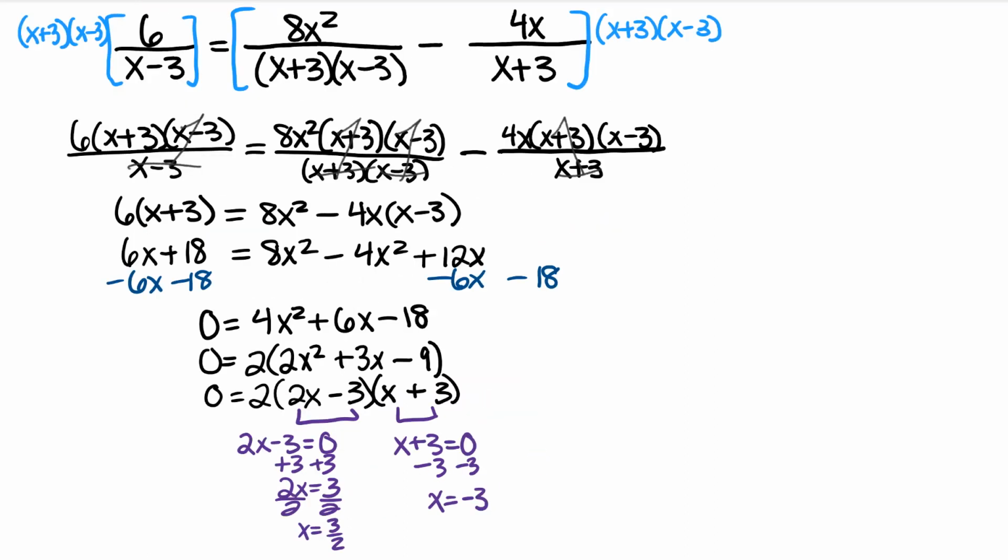Now, when you go to check each of these solutions, negative 3 actually makes our denominator equal to 0, so it cannot be a solution. Negative 3 is an example of an extraneous solution, one that appears to be a solution but is not. So is 3/2 our only solution? Let's plug it in to check.